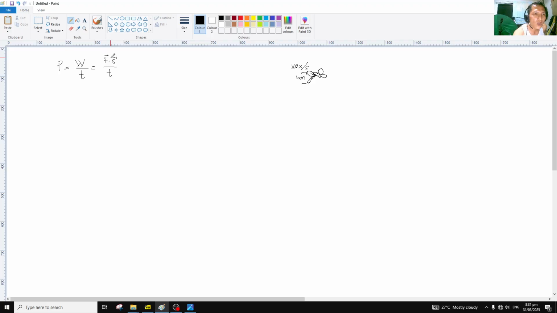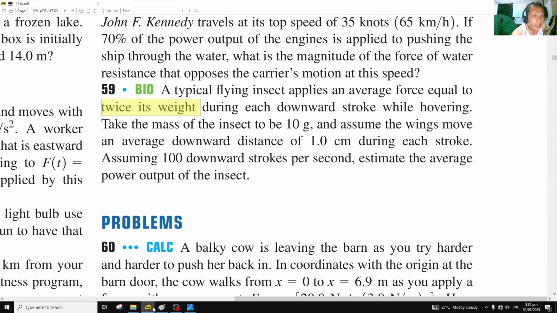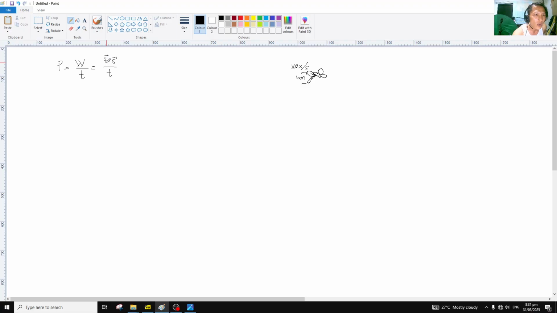Diba? So, the problem says a typical insect applies an average force that would be twice its weight. So, twice mo yung weight niya and then multiplied by that displacement.